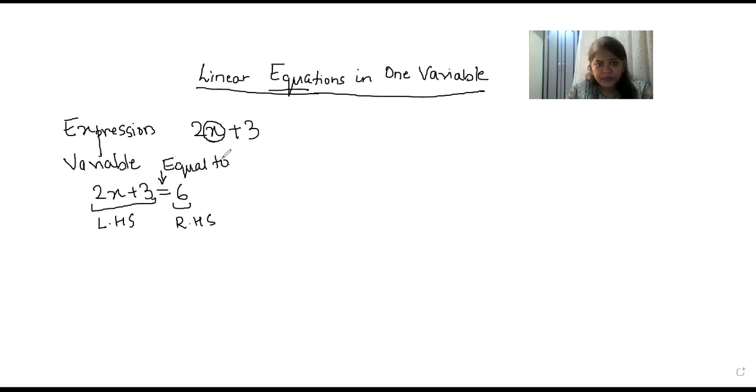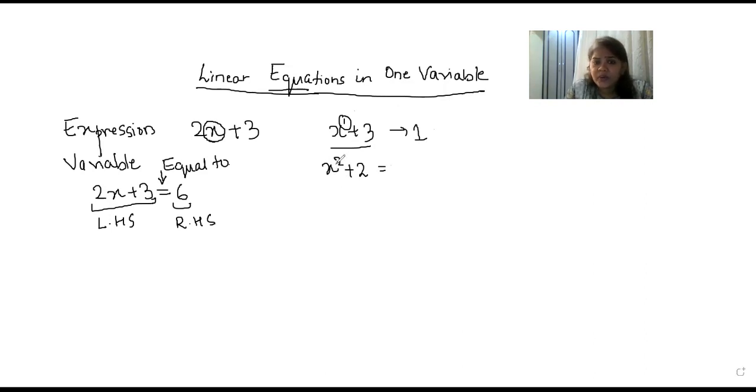Okay. Now, moving further, we have learned how to find the degree of an expression. For example, if I write x plus 3, what is the degree of this expression? Since the power of x is 1, the degree of the expression is 1. Let's take an expression x square plus 2.